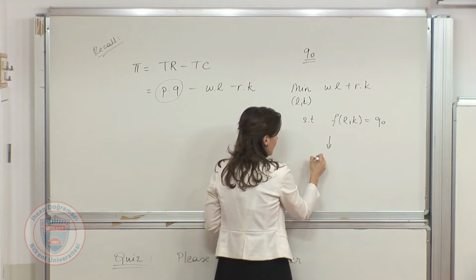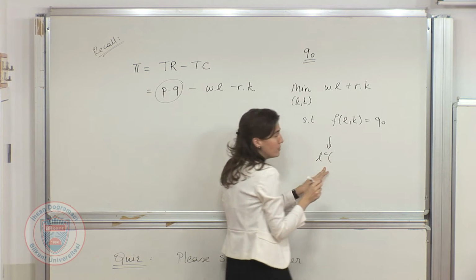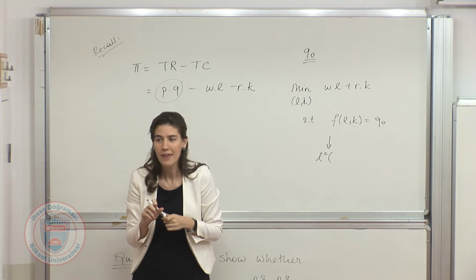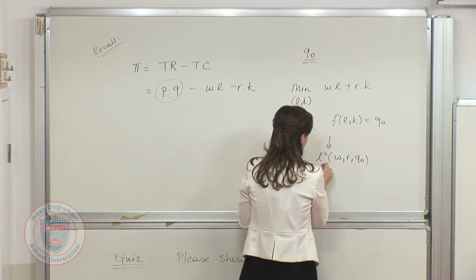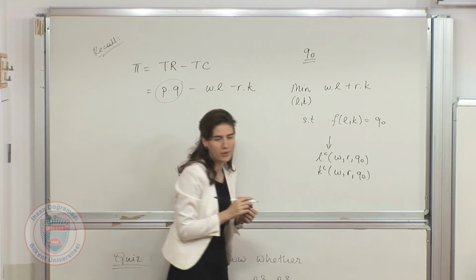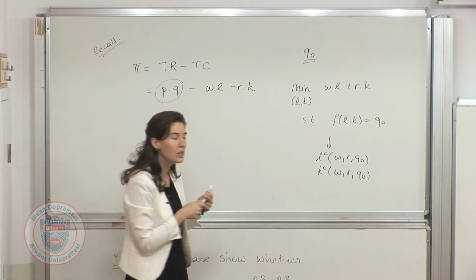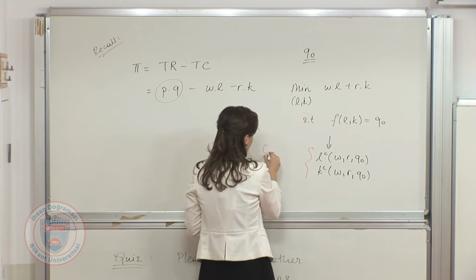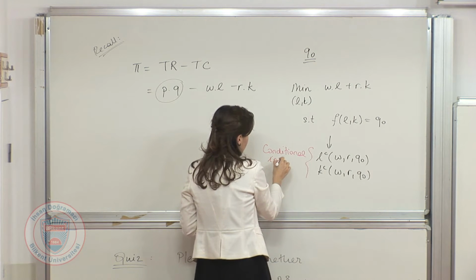Here we had L^C, and this was a function of what? Wage, R, and Q0, and K^C, wage, R, and Q0, okay? And how did we call these? We called them conditional input demands, right? So these were called conditional input demands.